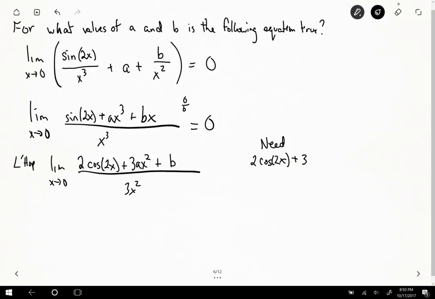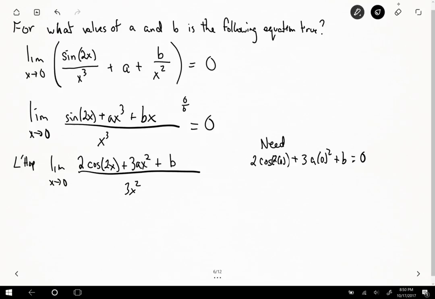Oh, I wrote 2x. I should be careful there. Notice what number we're going to be plugging in. Because if it doesn't equal 0, the limit does not exist, and we need that limit to equal 0 altogether. So you need a 0 over 0 scenario.